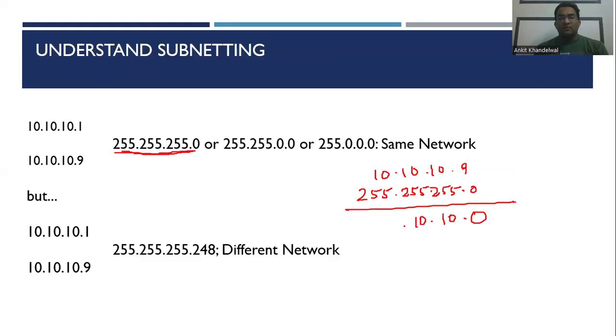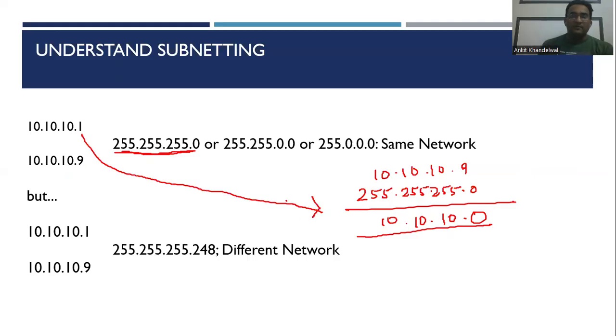Over here, you are again going to have a 10. Over here, you are going to have a 10 there. So now the network address is 10.10.10.0 for this IP address. When you use the other IP address, you will again get the same network address, 10.10.10.0. So by these examples, it is clear that by using the default subnet mask of class C, class B, and class A, these two IP addresses belong to the same network there.